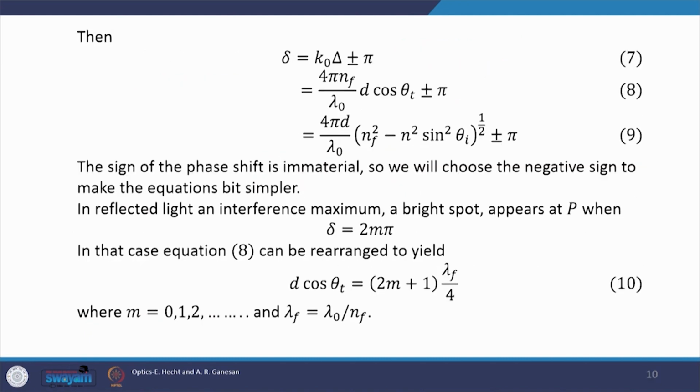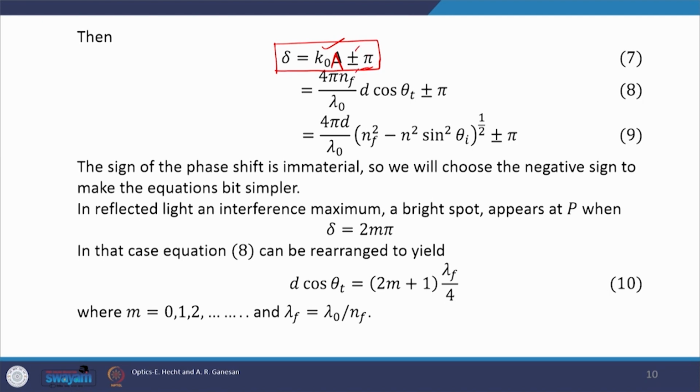Therefore, the total phase difference would be equal to k naught into cap lambda, sorry, it is cap lambda, plus pi or minus pi. We can choose any, either plus pi or minus pi.